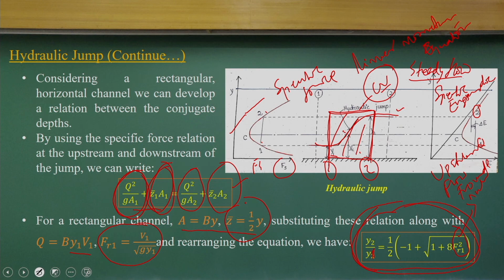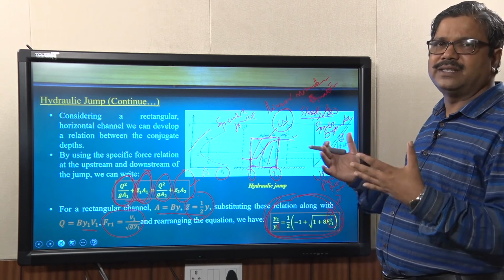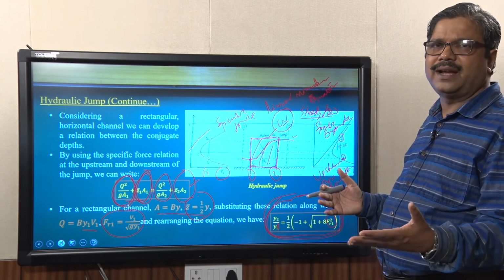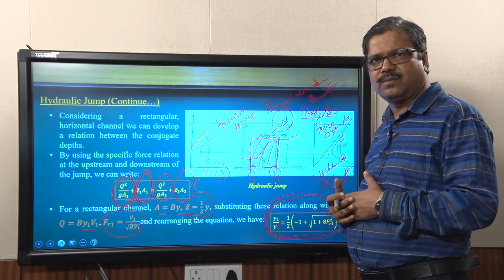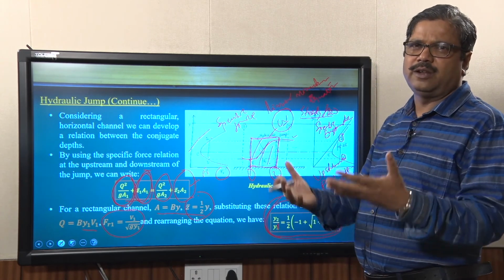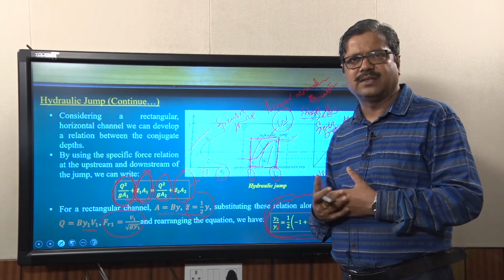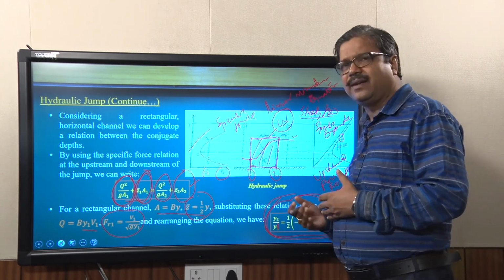So, you have two diagrams, one is the specific force diagram, another is the specific energy diagram, and then you interpret what happens pre-hydraulic jump and post-hydraulic jump. We use the simple tools of the linear momentum equation for this control volume and the mass conservation equation. That is what we can derive.